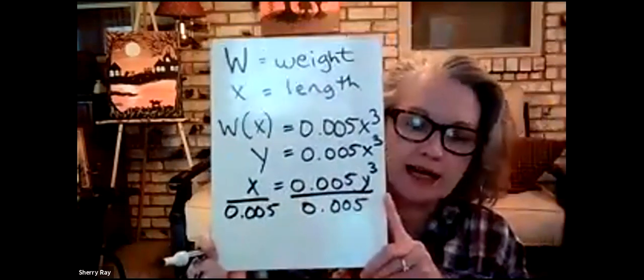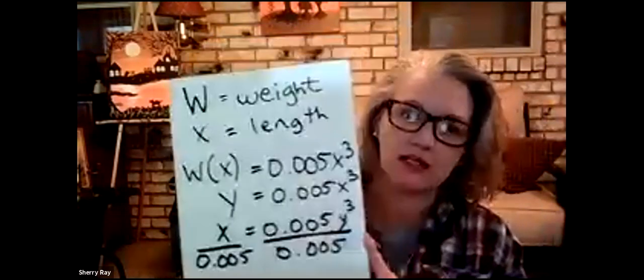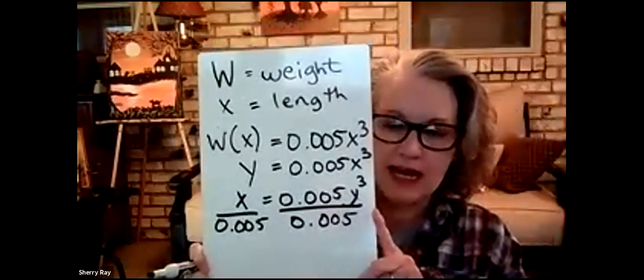And so when we go to solve for y, and this is the tricky part, you need to divide each side by 0.005. But in my math lab, it's not going to like it if you have a decimal inside of a fraction.